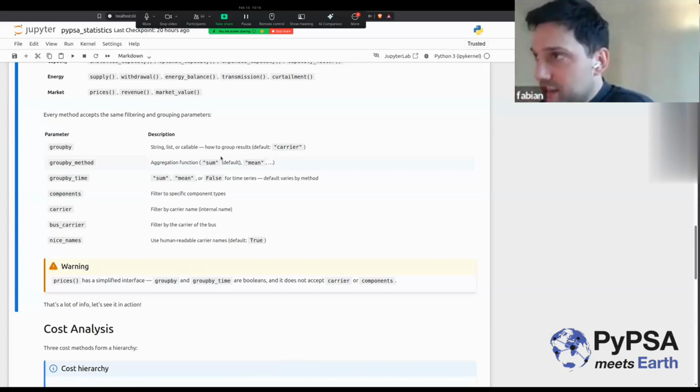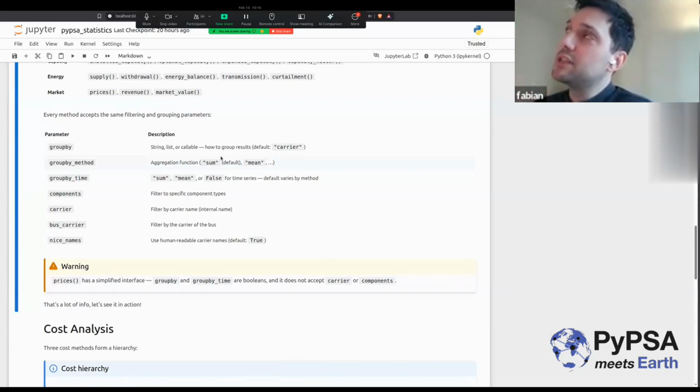There's a groupby_method that tells PyPSA how to aggregate across these groups that are identified. So either we sum over them or we take the mean, right? It might be that you're interested in the average capacity per generator of a solar technology.